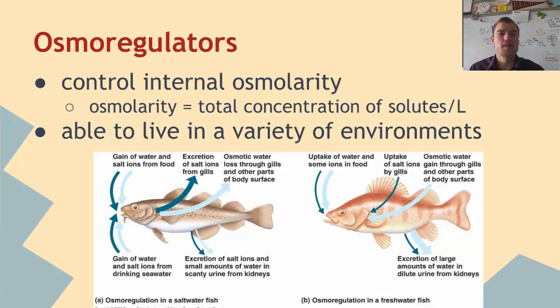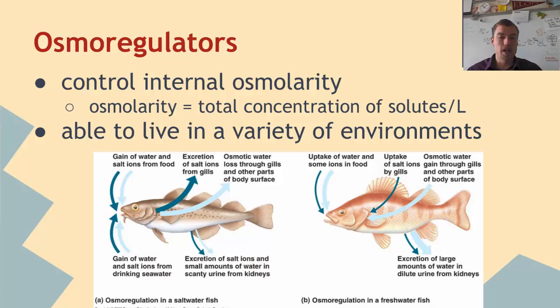We can also have osmoregulators, and these are going to control their internal osmolarity. Osmolarity is just the total concentration of solutes per liter. So they're going to be maintaining that different from the external environment. And they are able to live in a variety of environments, whether that is salt water or whether that is fresh water. Now, osmoregulation in salt water versus fresh water is a little different.